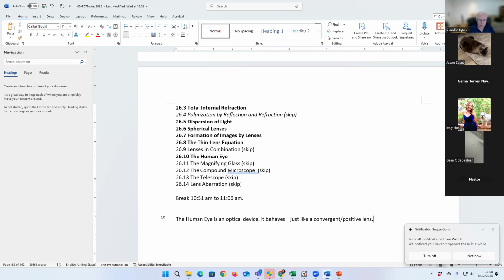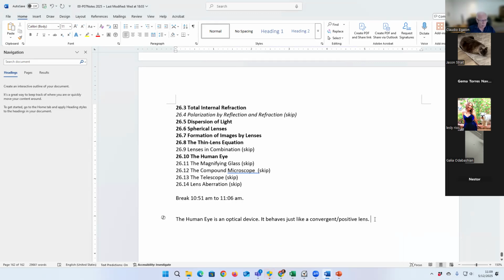A very simple model of the human eye is that the lens would be the one that provides most of the optical characteristics.